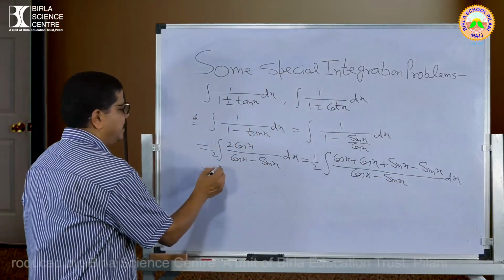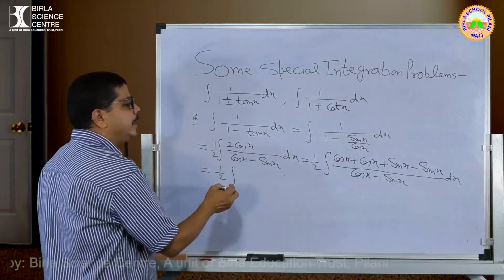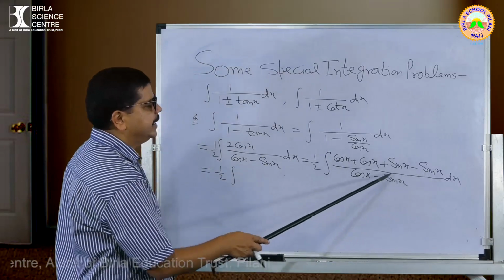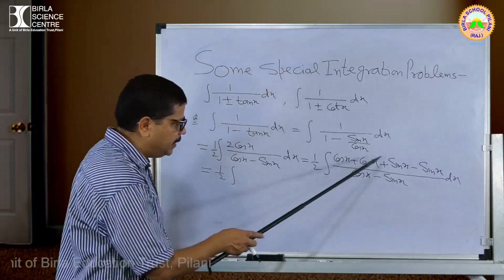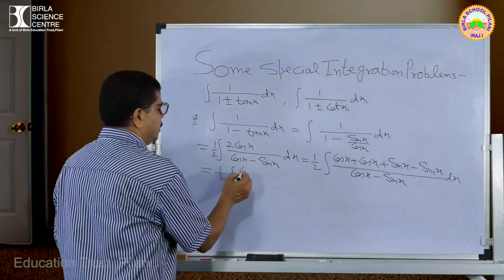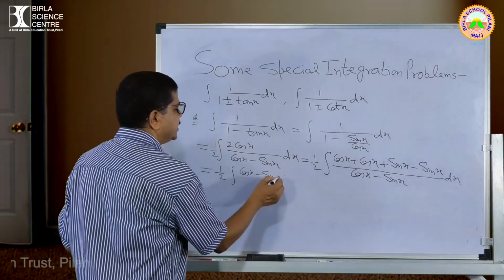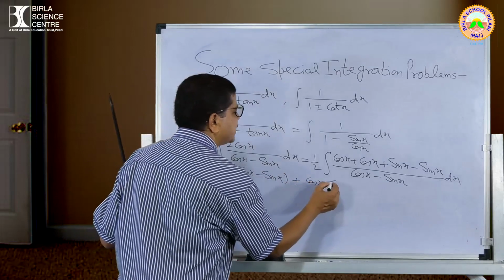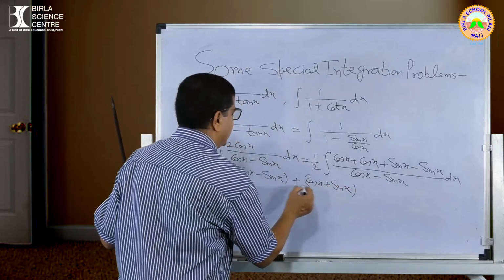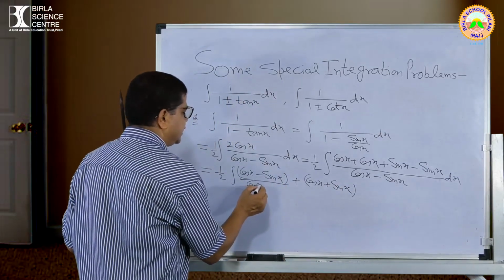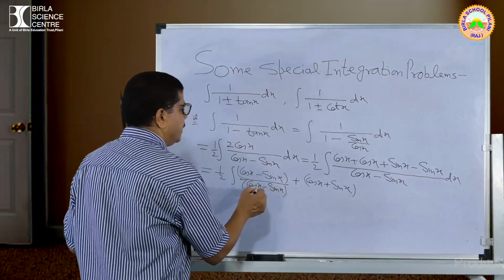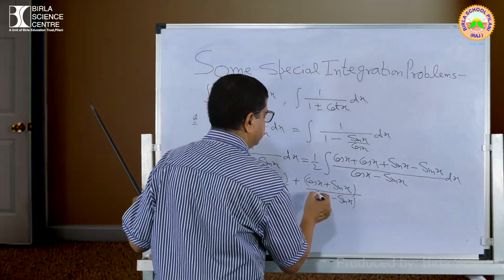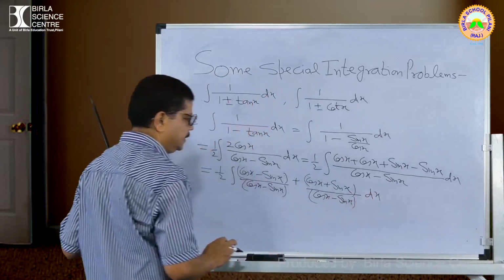So these are the problems which are there in your textbook. Now arranging the terms like cos x minus sin x as given in the denominator, the same term we write in the numerator: (cos x minus sin x) plus (cos x plus sin x) divided by cos x minus sin x, dx.